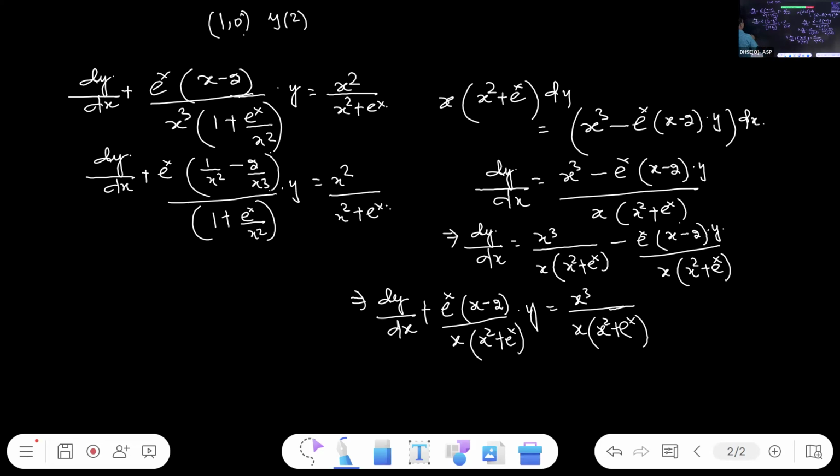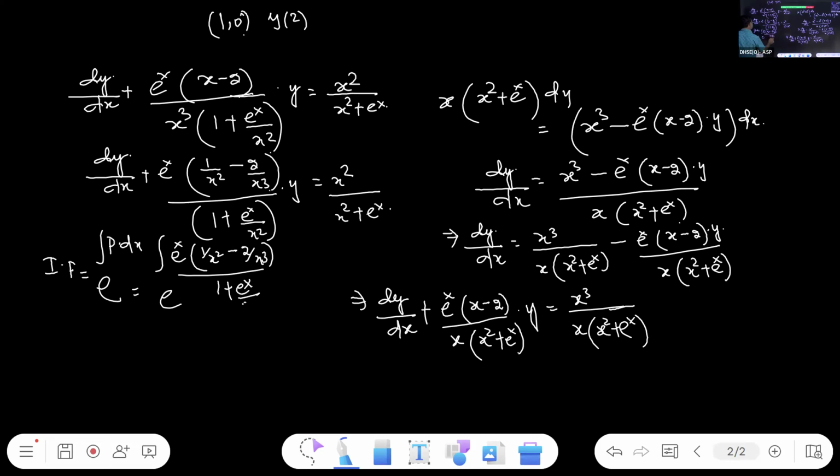Now, the integrating factor IF is equal to e raised to the power integral p dx. So e raised to the power integral of e power x (1 upon x square minus 2 upon x cube) upon (1 plus e power x upon x square).